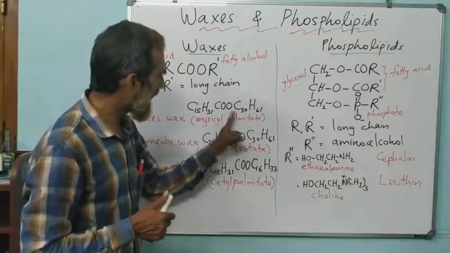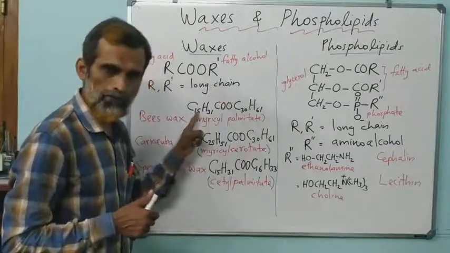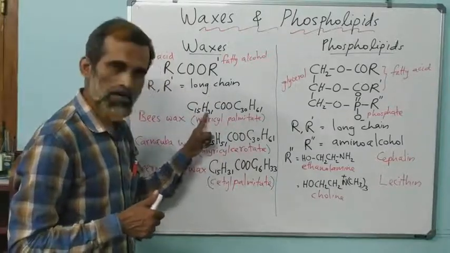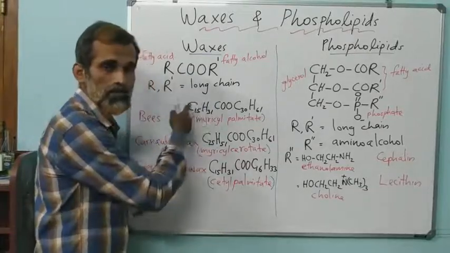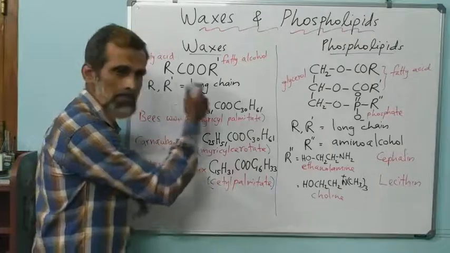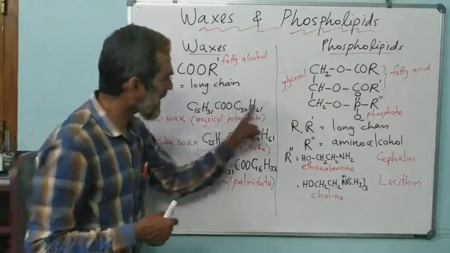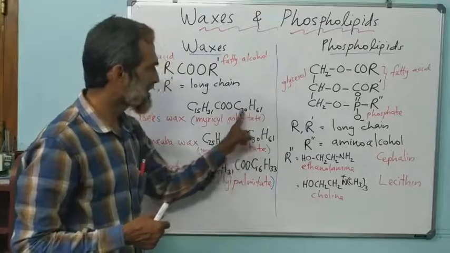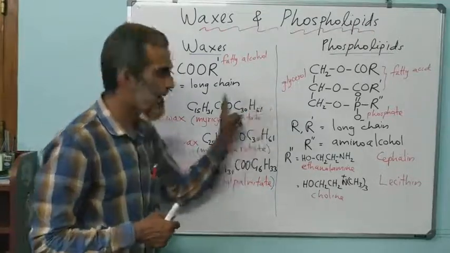That means the acid part is palmitic acid. You can see C15H31, which means it is a saturated hydrocarbon with 15 carbons, CH3, CH2, CH2, etc. COO, that's the acid group. And the alcohol part is C30H61. So this is called myricyl palmitate.